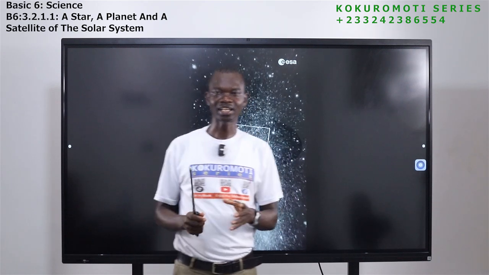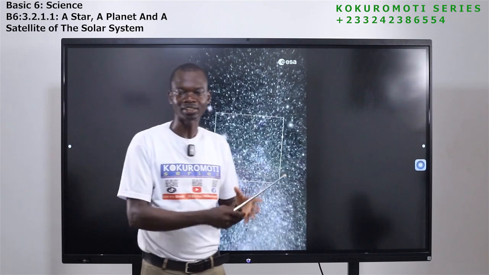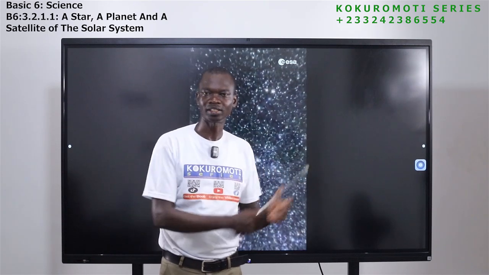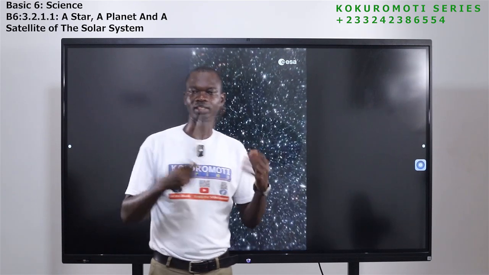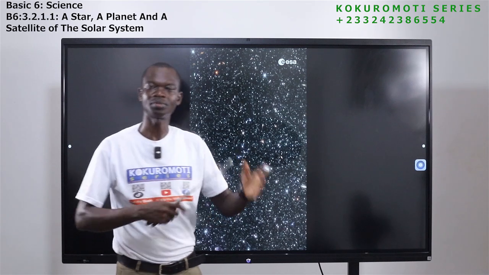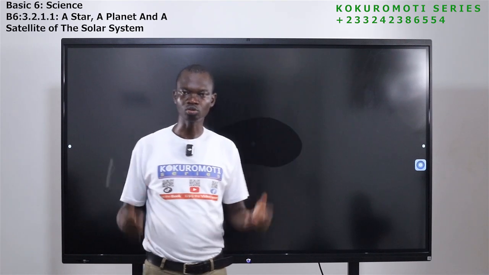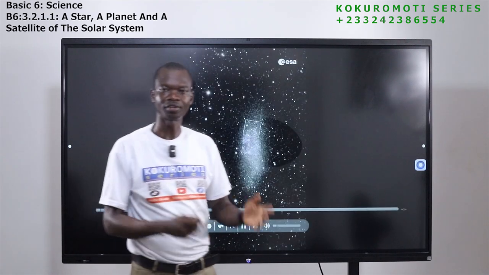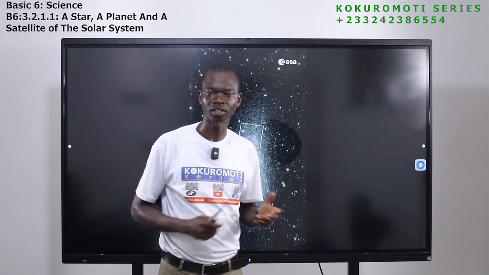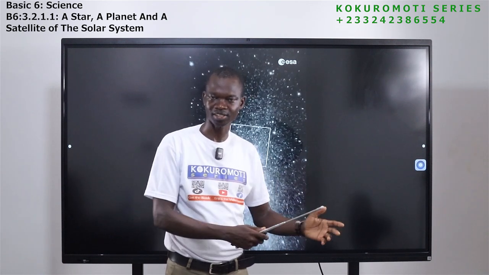And artificial satellites serve so many purposes. One, it helps us to communicate with other people in different parts of the world. Two, it helps scientists to carry out scientific research.